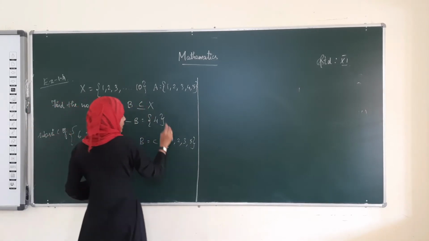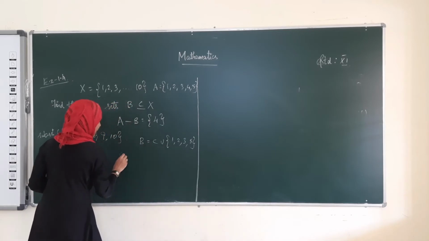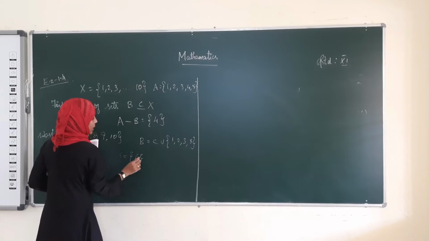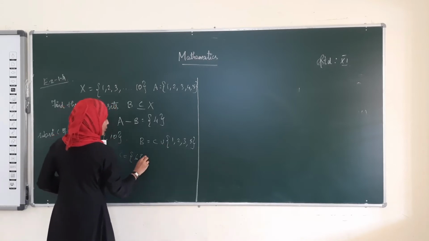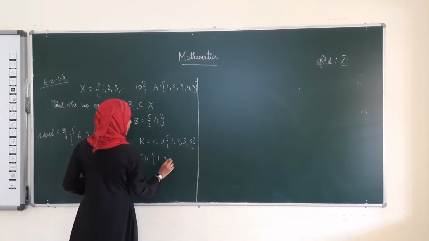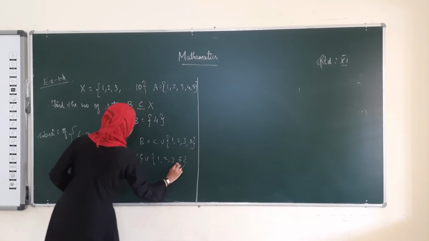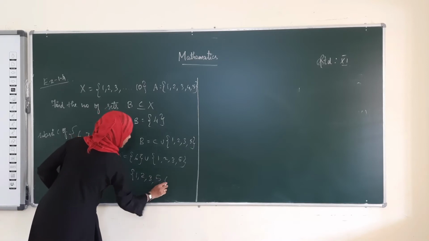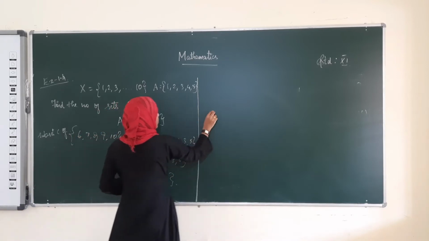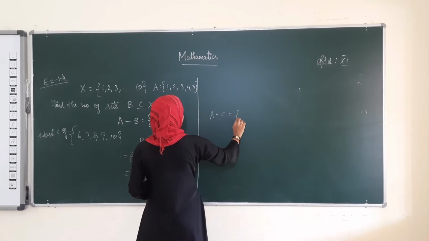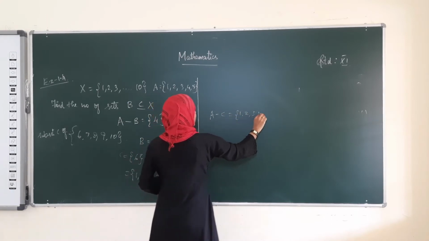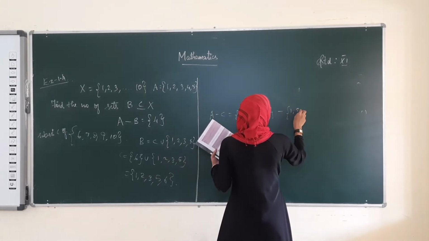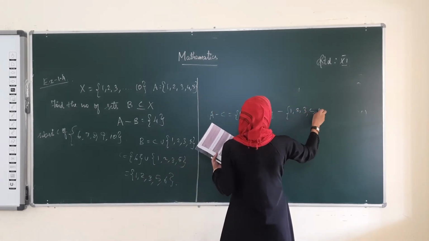Therefore, every set of the type B should have 1, 2, 3, 5 for sure. Suppose let us take a set as 6. We union this with 1, 2, 3 and 5. What will be the elements? 1, 2, 3, 5, 6. Now we subtract this from A, where A is 1, 2, 3, 4 and 5 and the set is 1, 2, 3, 5 and 6.